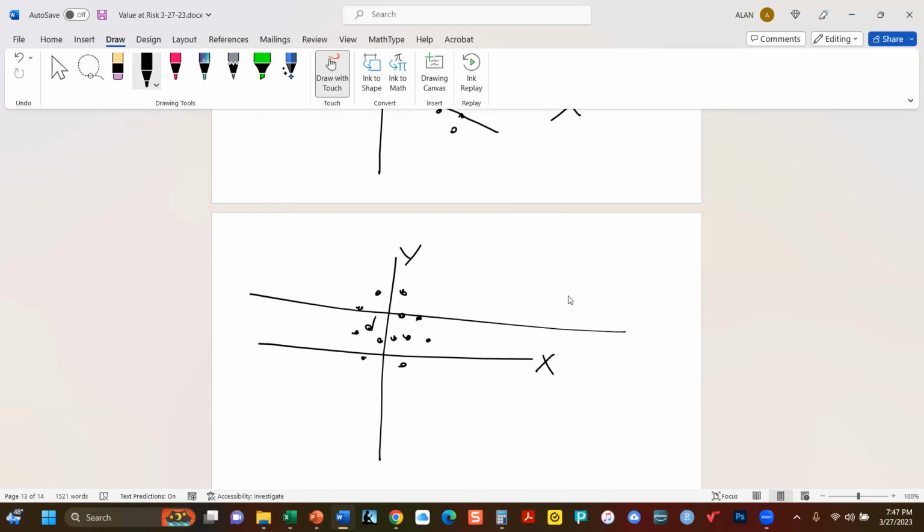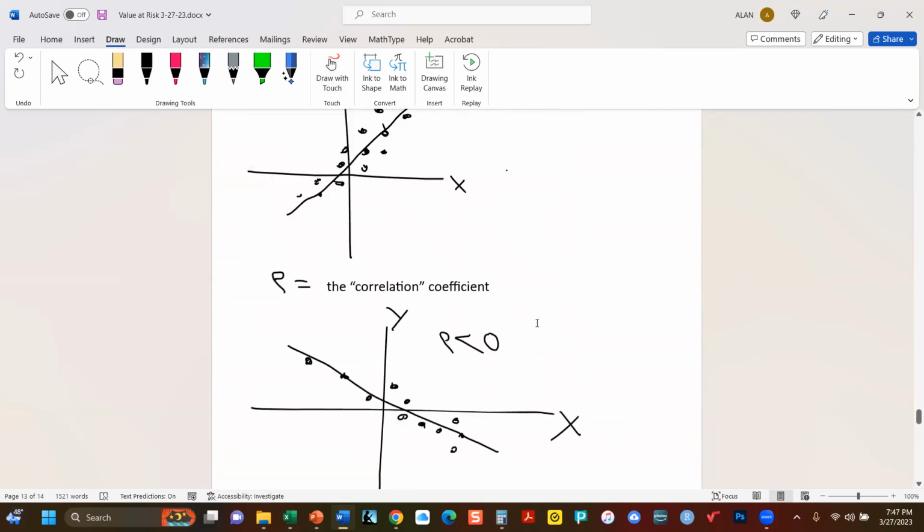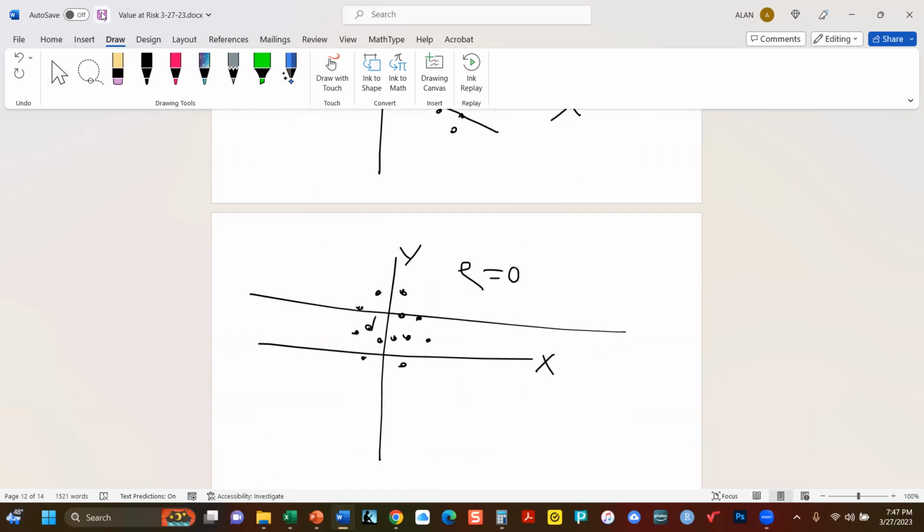That's not the best drawing, but that's what it would look like. This line would be flat, and this is 0. So that really covers the three basic cases: positive correlation, negative correlation, and no correlation.